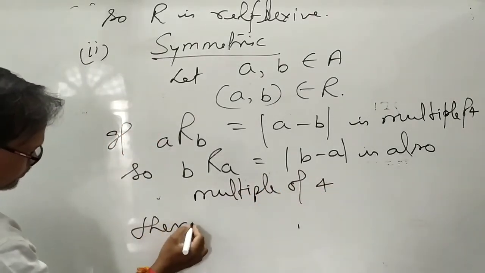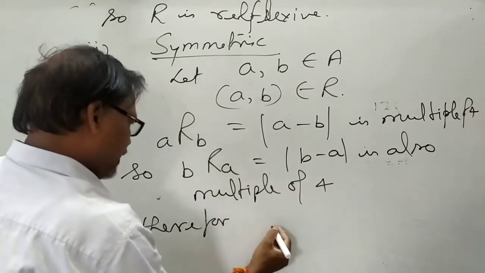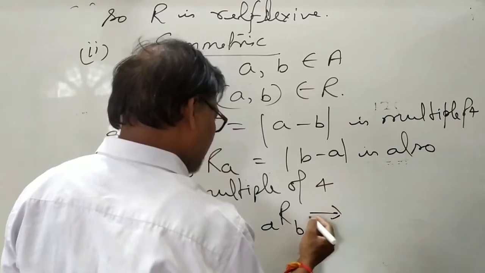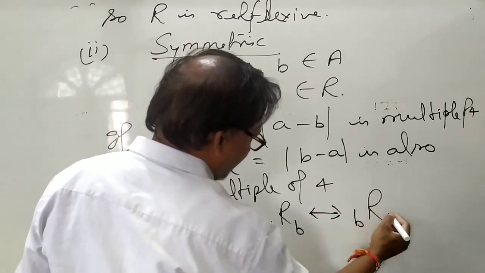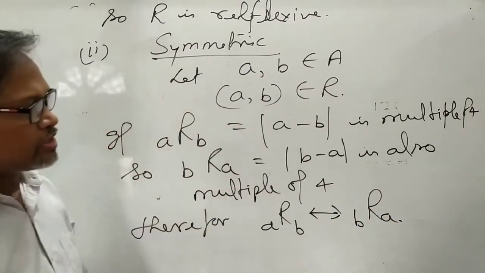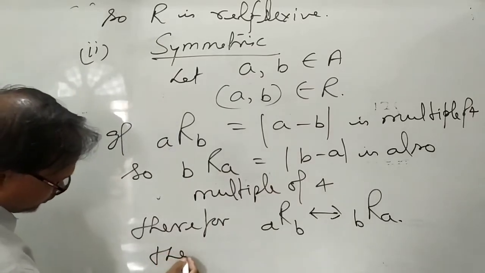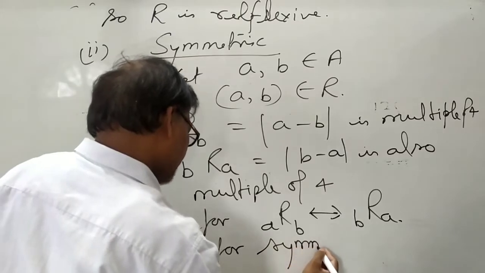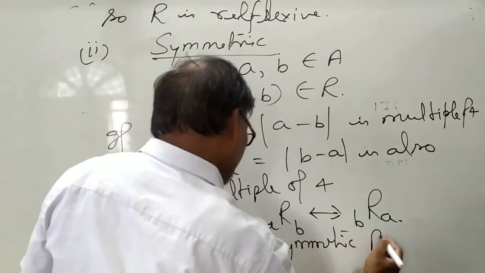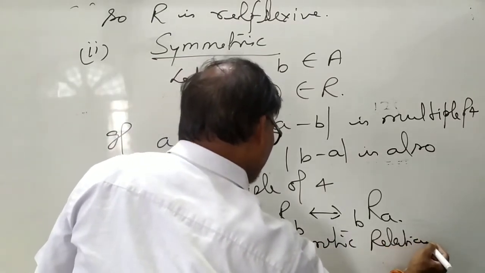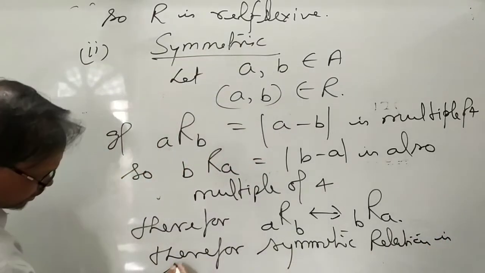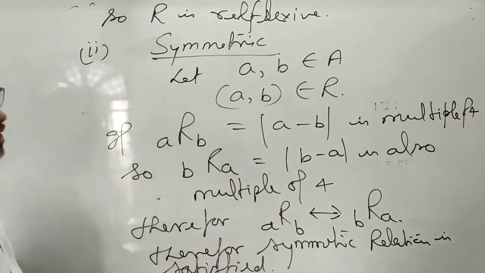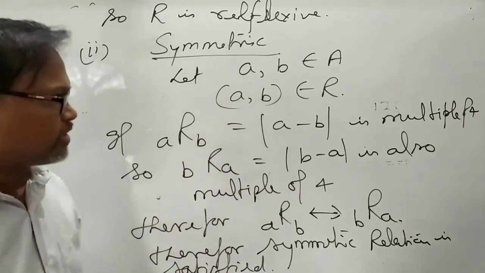Therefore ARB tending to BRA, means the symmetric relation is satisfied. So this is the second type of relation, symmetry.